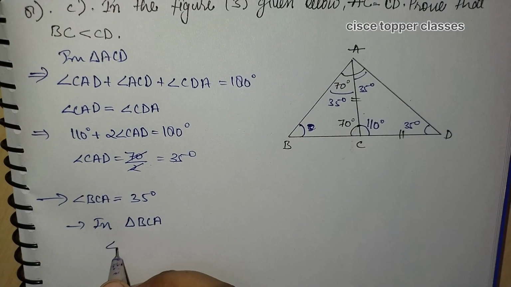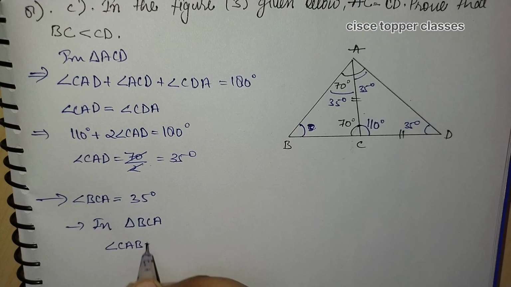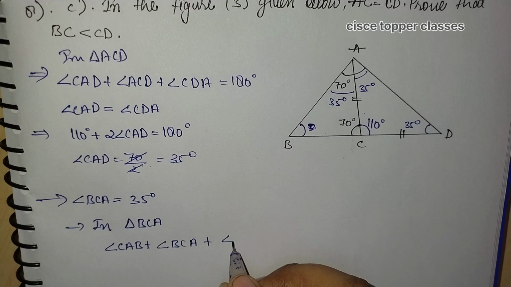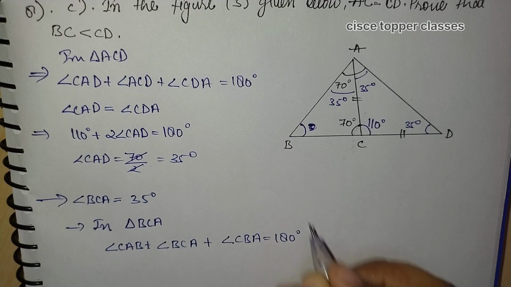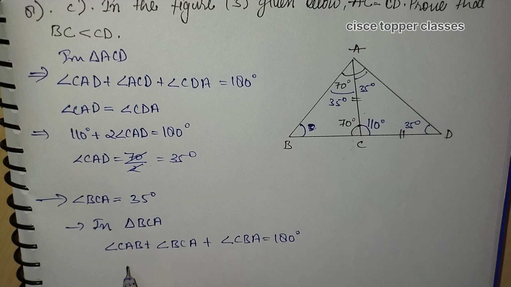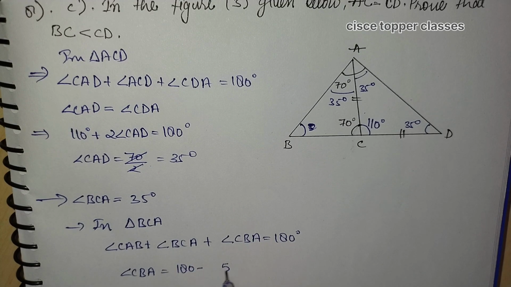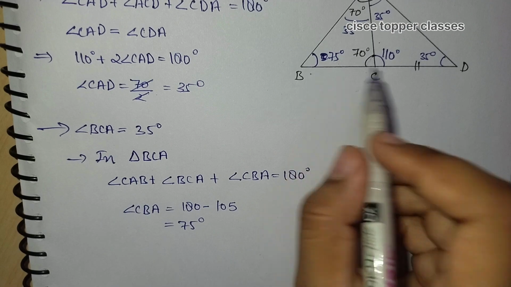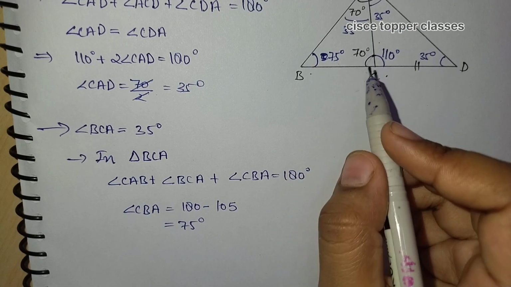So we can add here angle CAB plus angle BCA plus angle CBA equal to 180 degree. We will put the value here. So in CBA we have to find from here. So it will be 180 degree minus 105. So this will be 75 degree from here. So this angle is equal to 75 degree, and we have to prove that BC is less than CD.